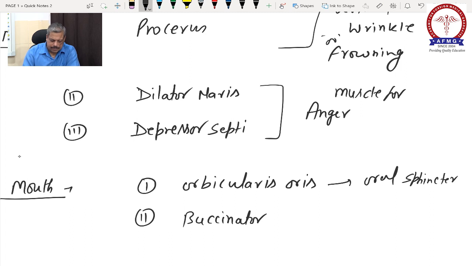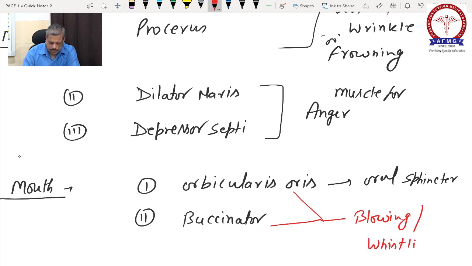And these two muscles, orbicularis oris and buccinator, are combinedly known as the muscles for blowing or whistling. This is the combined action of these two muscles, orbicularis oris and buccinator.